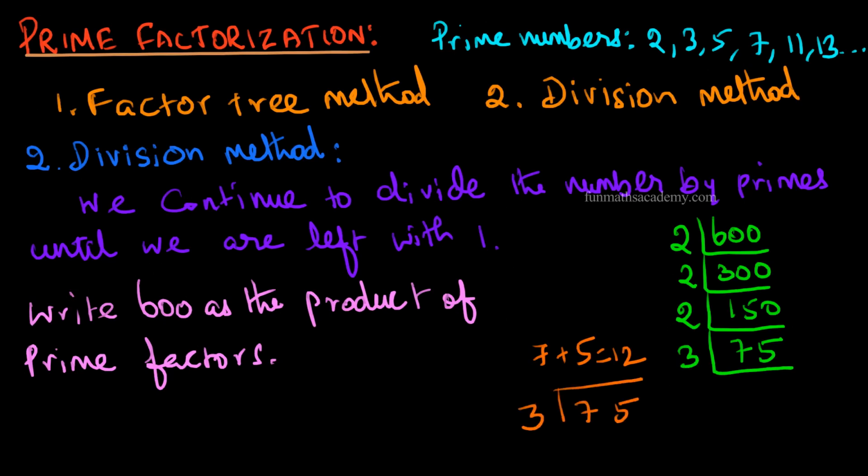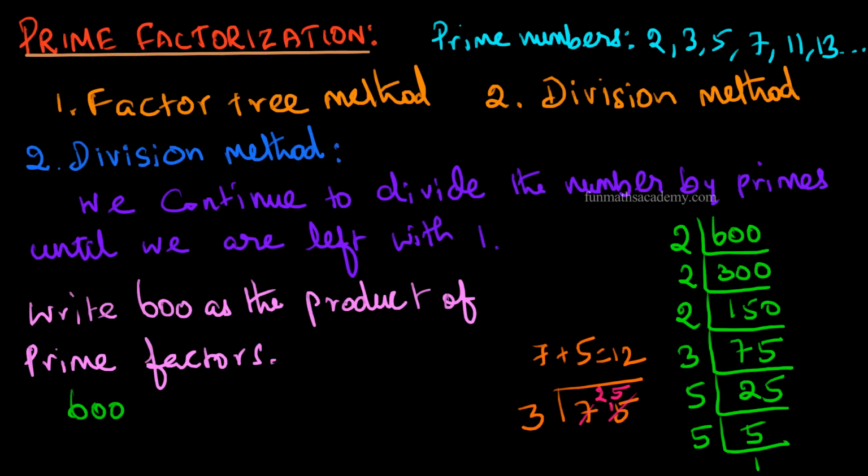On dividing 75 by 3, we get 25 as quotient. 25 is not divisible by 3, so we check with the next prime number, that is 5. 25 is a multiple of 5, so we get quotient as 5. Further dividing 5 by 5, we get 1 as quotient. As we got 1, we stop here.